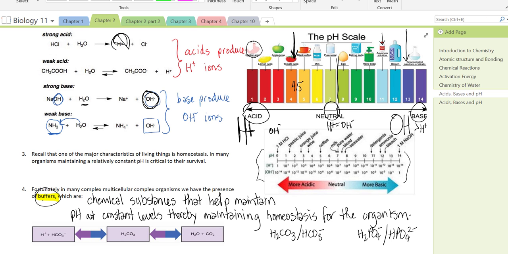It would be absorbed into your bloodstream, and it could cause the pH of your blood to drop quite a bit, which would be quite bad. But fortunately for us, we have buffers in the form of bicarbonate down here, this chemical, and phosphates in our blood that can help take up that excess acid and keep the pH of our blood constant.